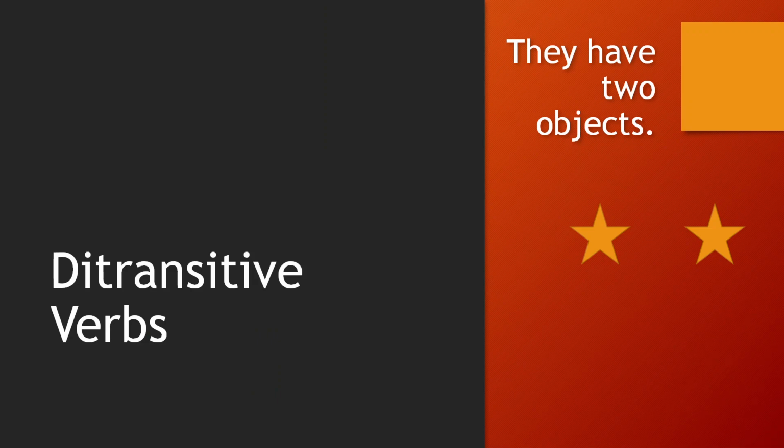And what are those two things? It means ditransitive verbs have two objects. That's why we call them ditransitive.